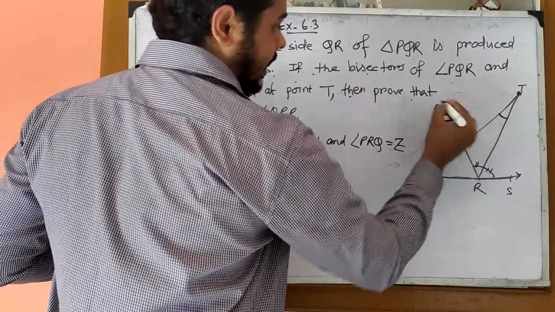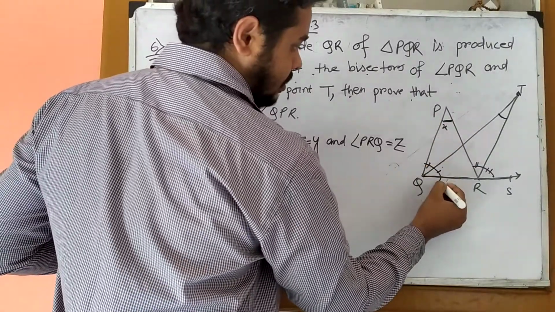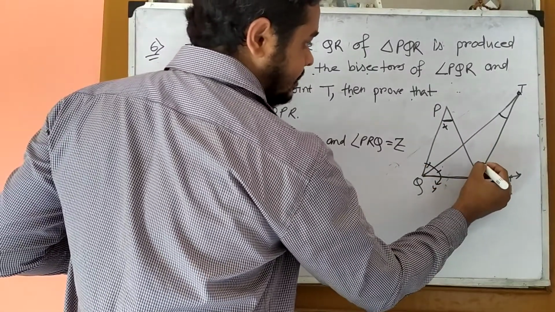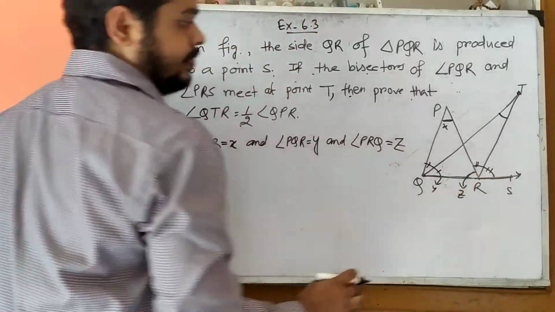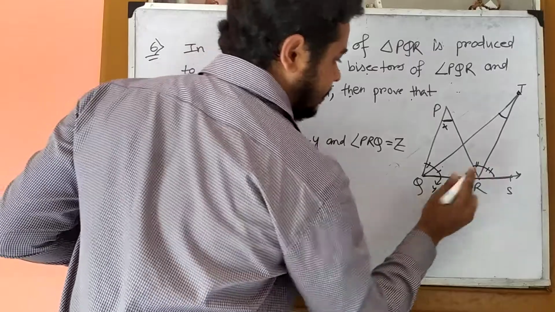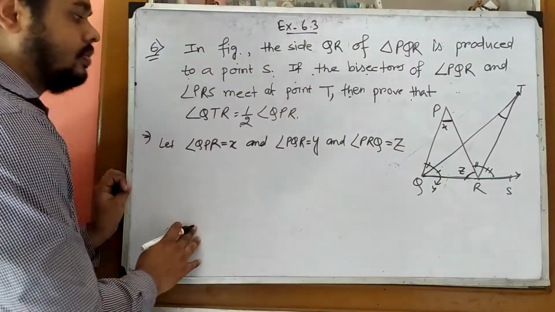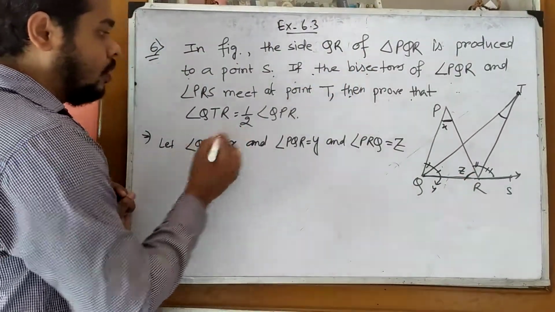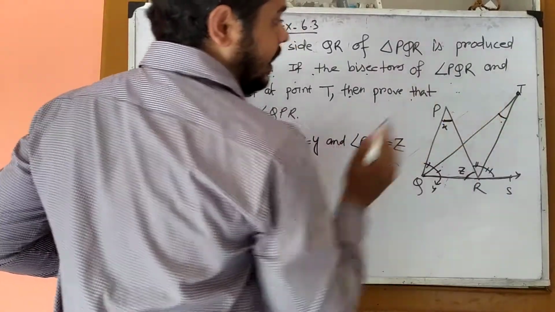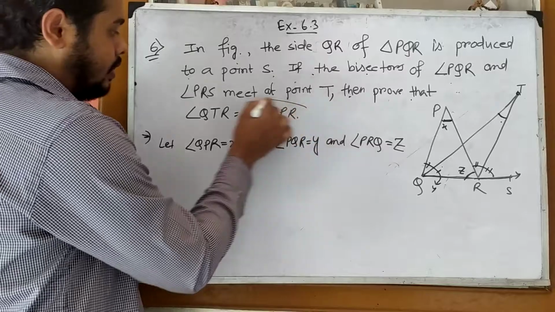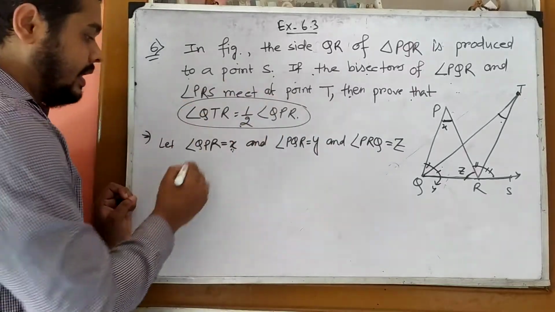Suppose this angle is x, this whole angle is y, and this angle is z. Now what we have to prove is, as angle QPR is x, that angle QTR will be half of x, then our condition will be fulfilled here.